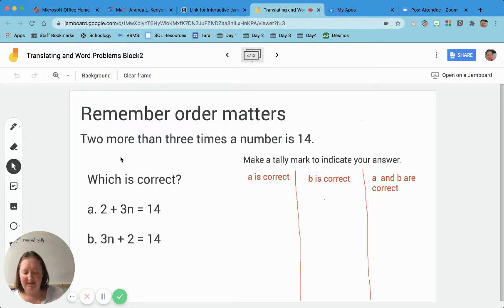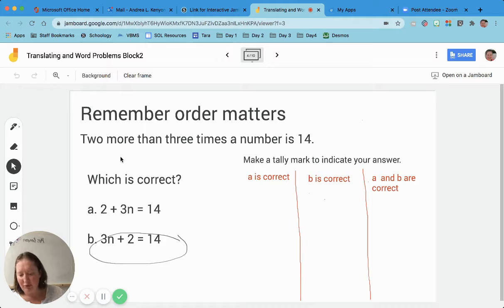When I had this in class, I had all the students put a tally mark under which they thought was true. So if you are thinking that B is correct, that would be the case. 2 more than what? 2 more than 3 times a number.